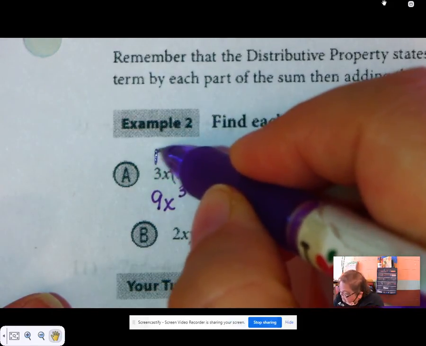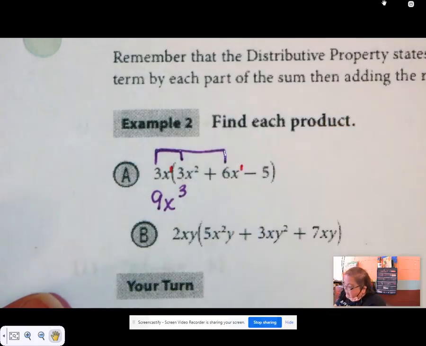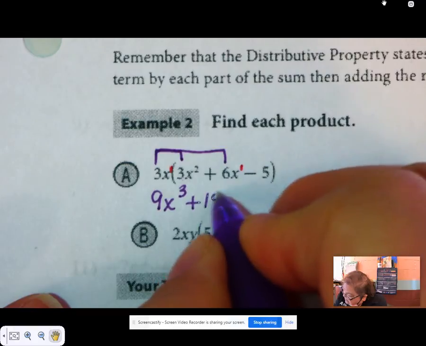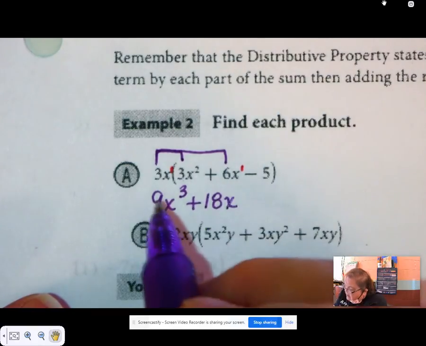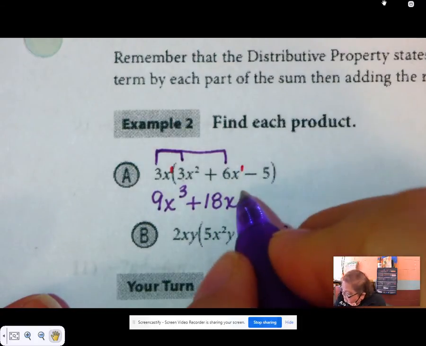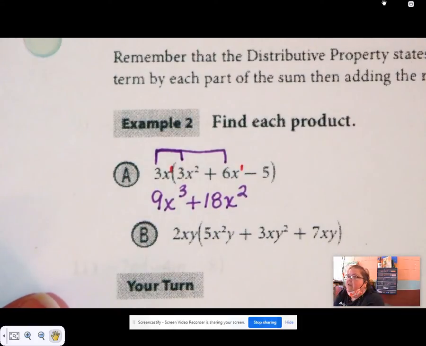Then I'm going to the next one. 3 times a positive 6, the positive 18, keep the x, and it's going to be x to the what power? Second power, or x squared.